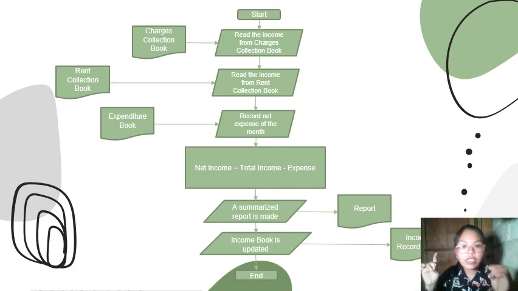Since we read the income, the rent and the expenses, we can get the net income. Net income equals total income minus expenses, of course. So a summarized report is made and the income book is updated. This is how the expenditure will be recorded or determined.